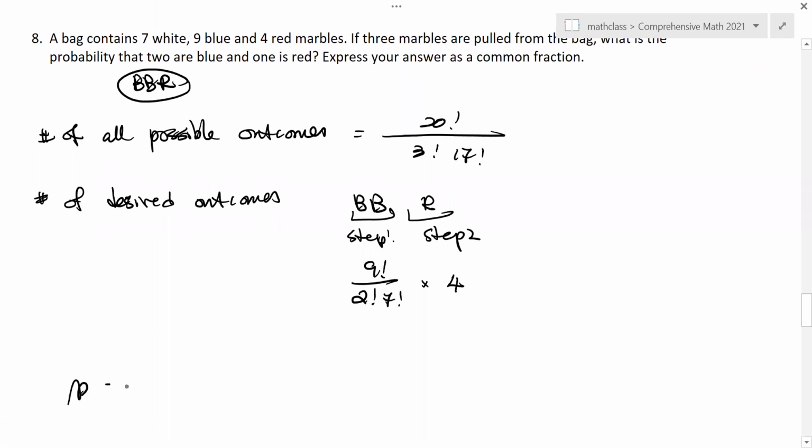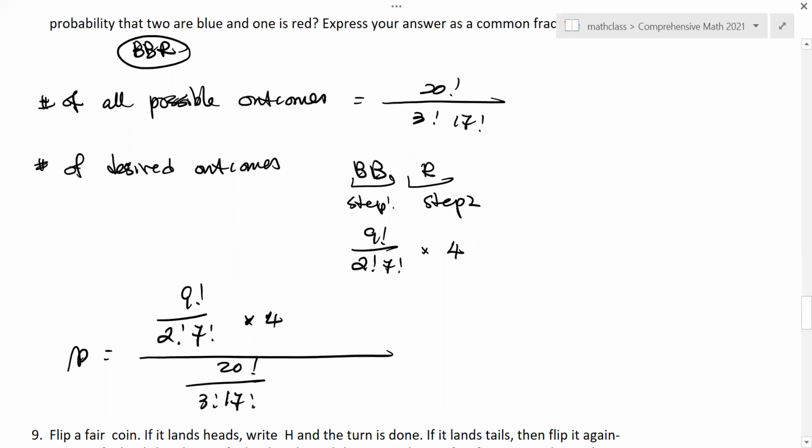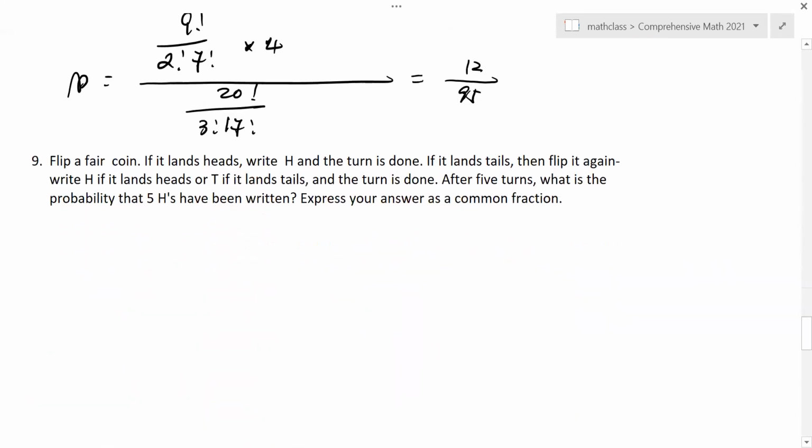So the probability is going to be the ratio of those numbers. Now you have to simplify it. After you simplify it, you can get 12 over 95. Just step by step. Be careful to simplify. All right, let's move on to the next problem.